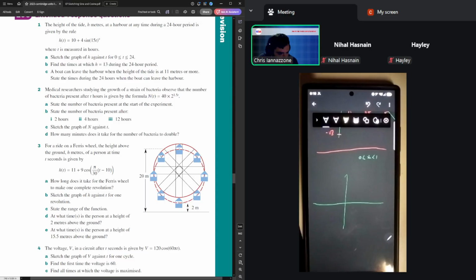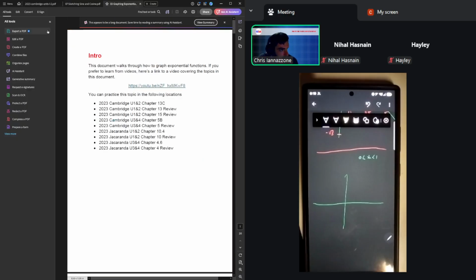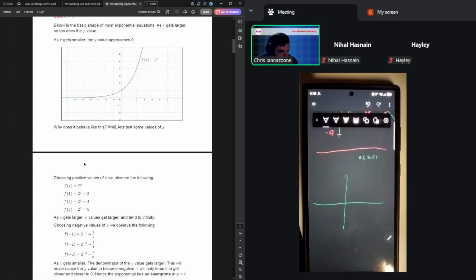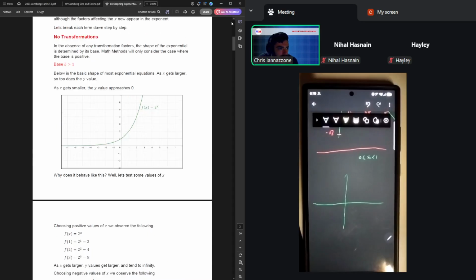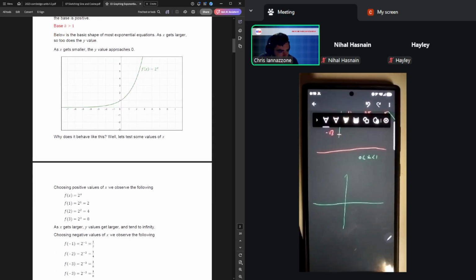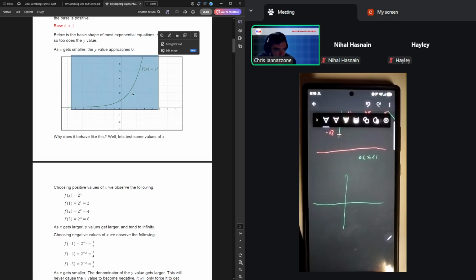Exponentials, graphing exponentials. So if you think about how the exponential works, you've got basically more or less this kind of shape, right?